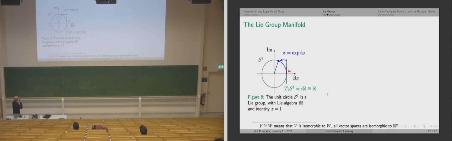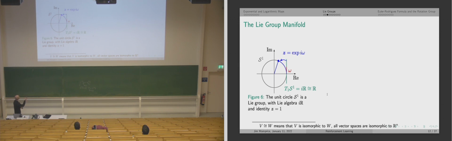The key thing to consider here is that the tangent space at the origin, so one, the complex number that has only a real part 1, is the neutral element of S1, which is a Lie group.